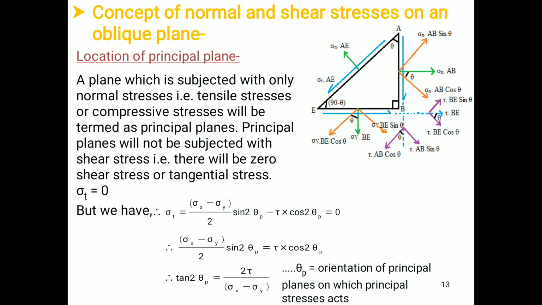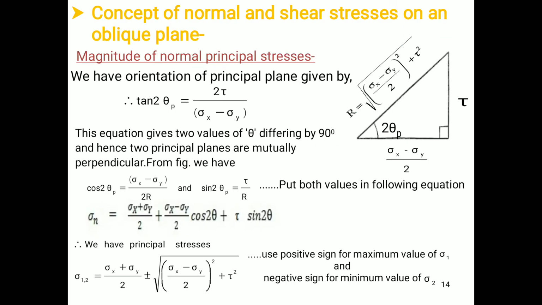In the next slide we are going to find the magnitude of principal stresses, that is, the magnitude of normal principal stresses. All of you know that the principal plane is given by tan of 2 theta p equal to 2 tau upon sigma x minus sigma y.